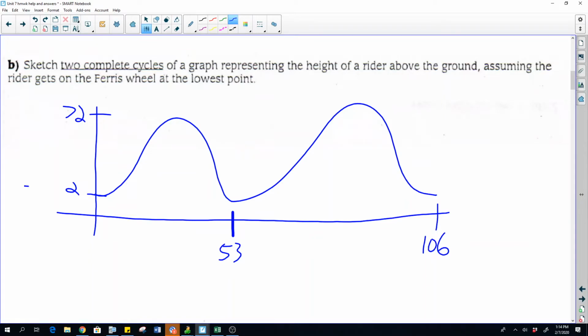So this is our, again, our height. Don't forget to label. So this is our height in meters, and this is our time in seconds.